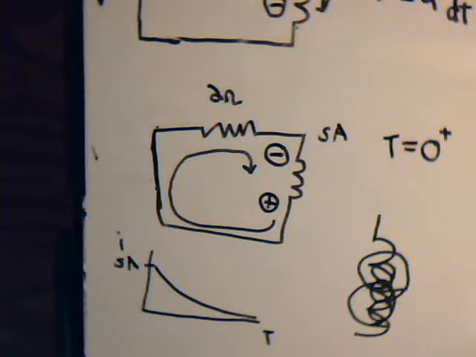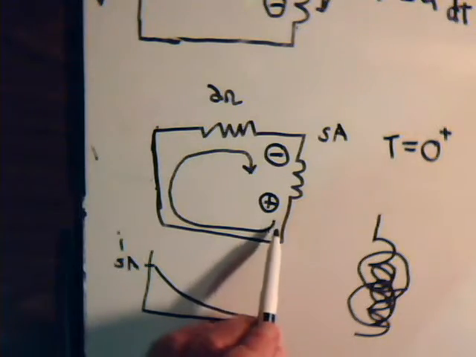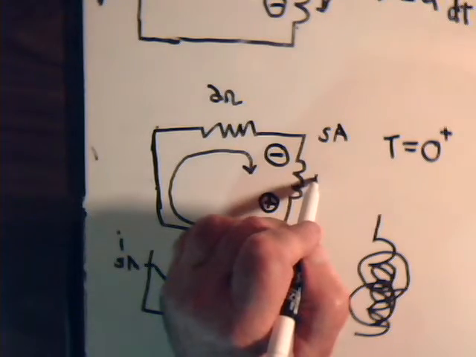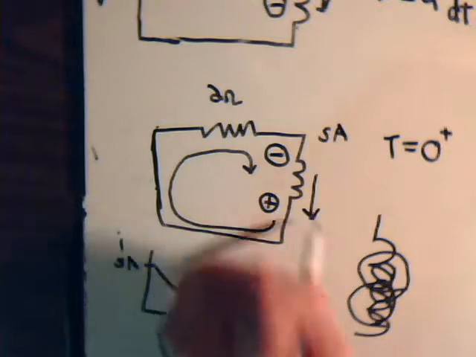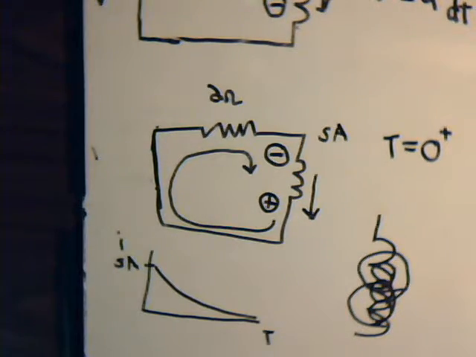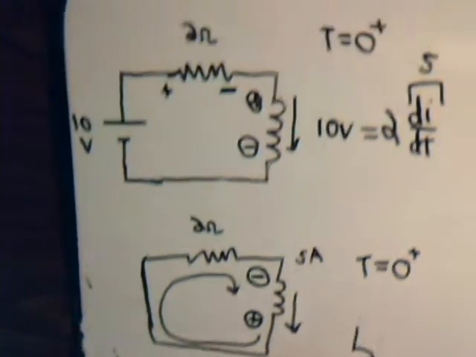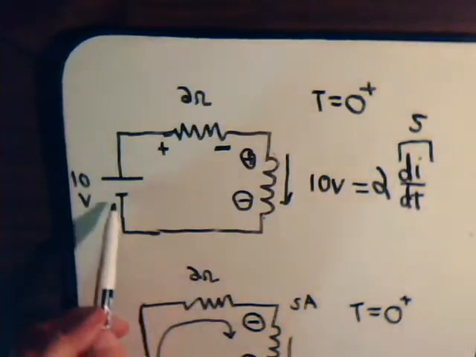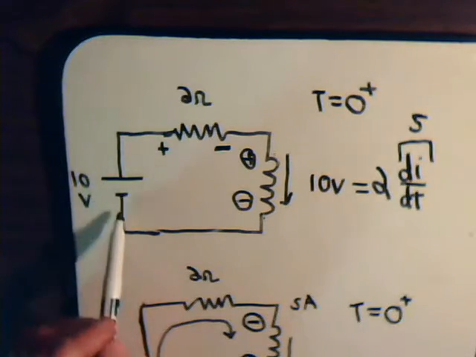But there is a decay current, and notice that the direction of the decay current, it goes around like this, and it flows through the coil like this. Well, that's the same direction as the current was through the coil when we had it hooked up to the battery.